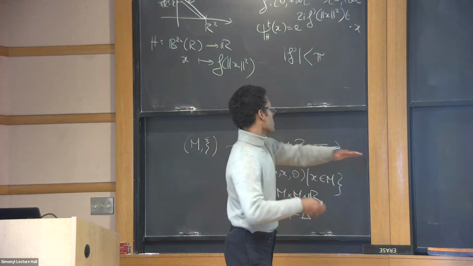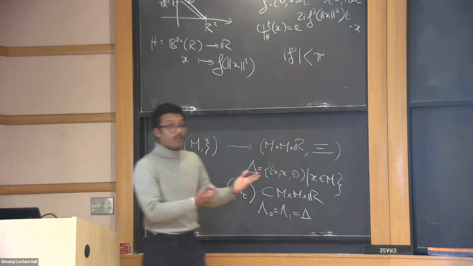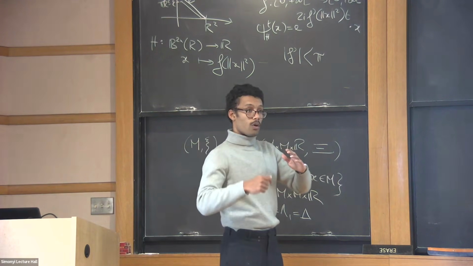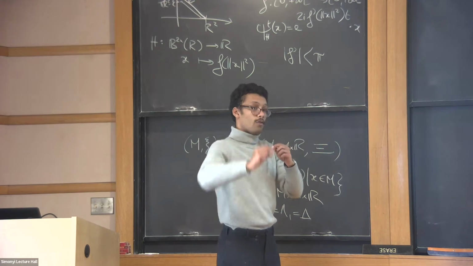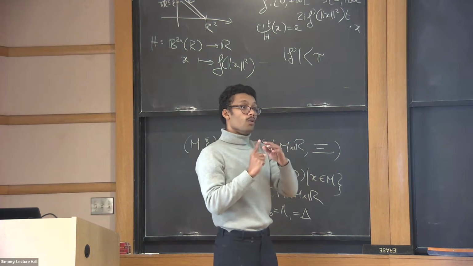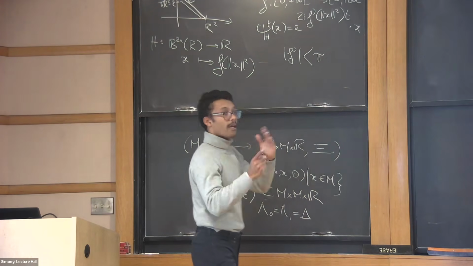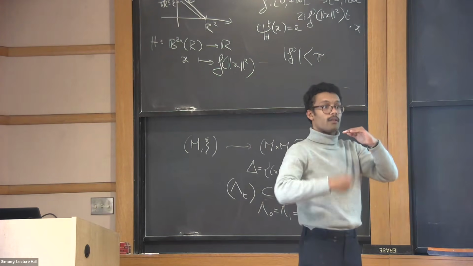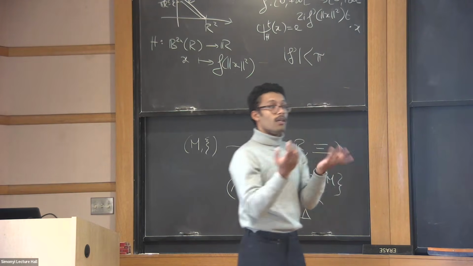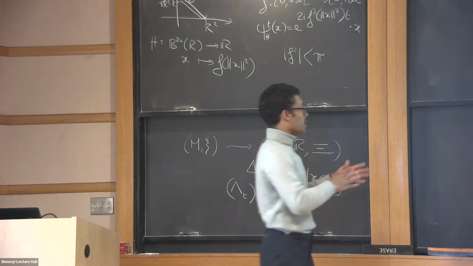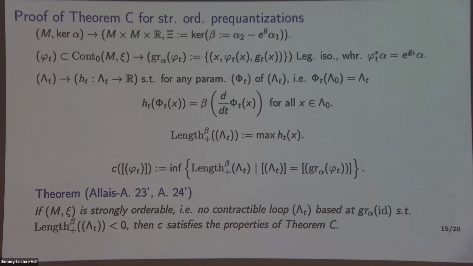You have your contact distribution, and you look at the path of Legendrians, you look at the speed of the path, and this speed cannot be at the same time transverse to your contact distribution and the loop contractible. If you don't have this kind of contractible loop, then you are strongly orderable.